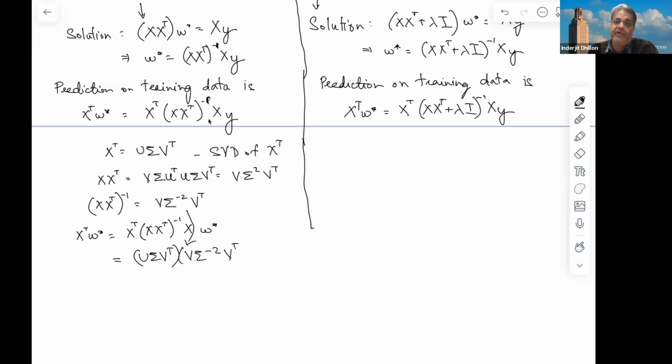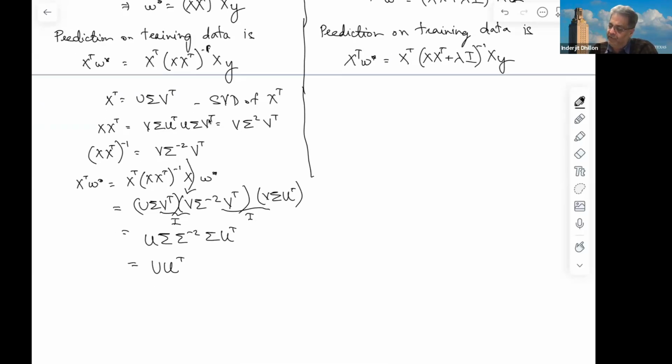Remember, I'm just repeating things from last time. This gives me identity, so I get U sigma minus 2 sigma U transpose, which equals UU transpose times Y. I made a typo over here; this was Y.